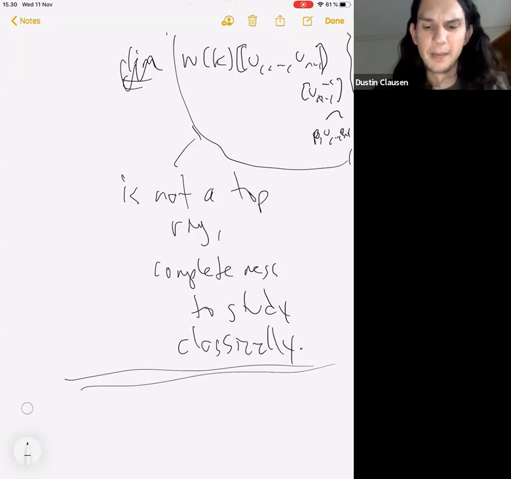I hope I didn't mess something up in that description. Oh, are you saying that the action is only an action by inner automorphisms? It's not really an honest action on the group? Yeah, I don't know, something like that.